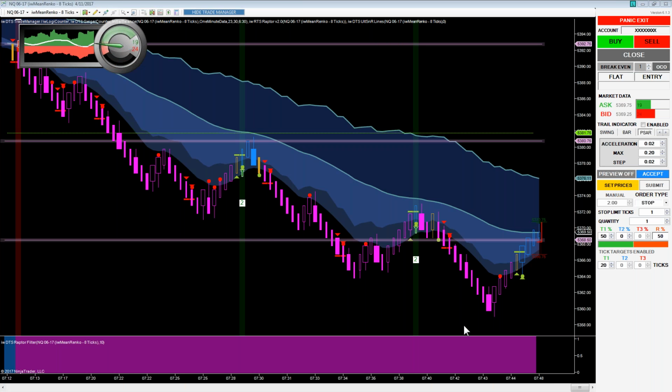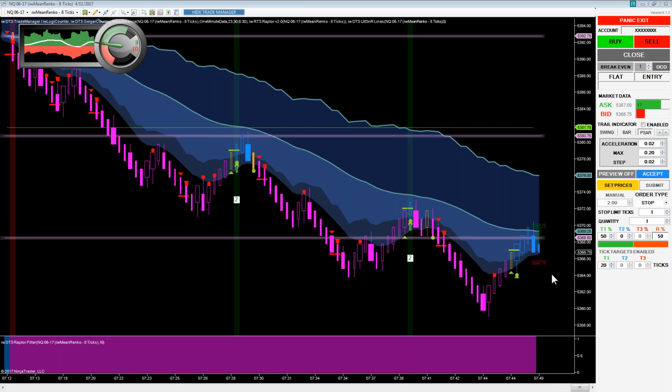All right, so we're back up at this particular price level. This could also be considered a number two signal because it failed to resume the downtrend. Somewhere through here, you think there's going to be a little bit of profit taking.